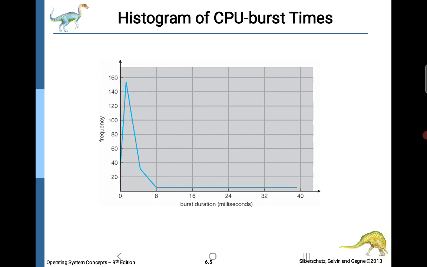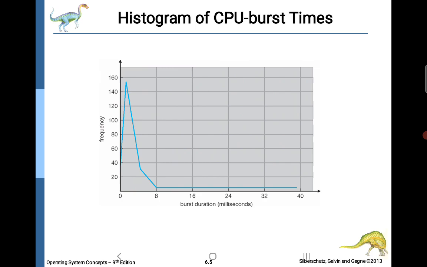Usually, if we look at how a process behaves in terms of the CPU, it will look just like this diagram. This histogram shows you the normal process behavior.